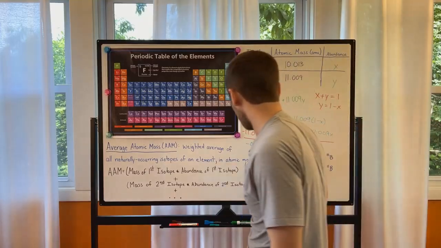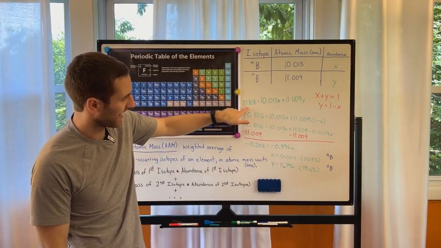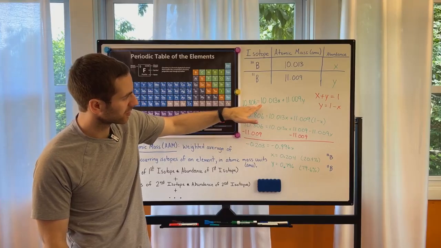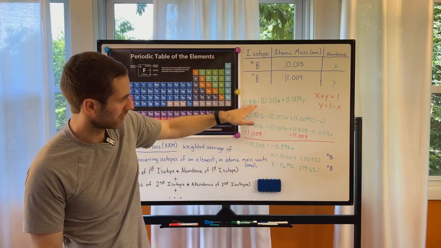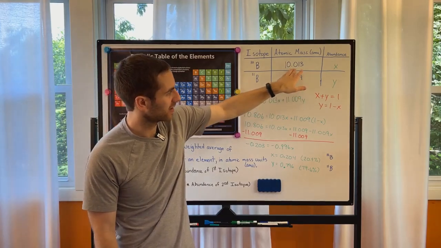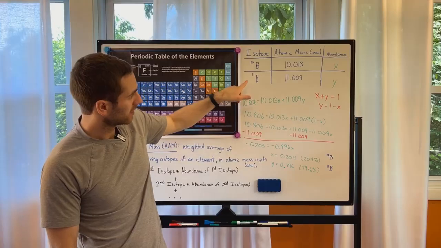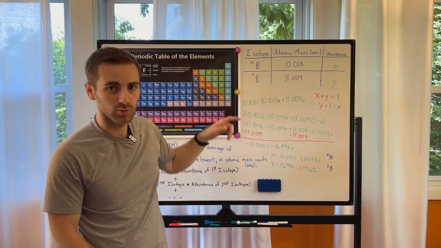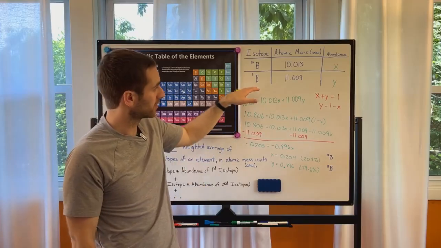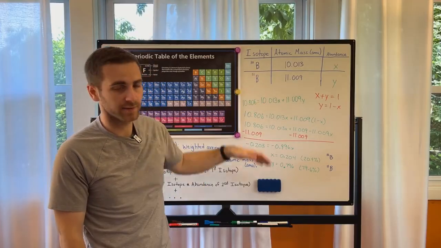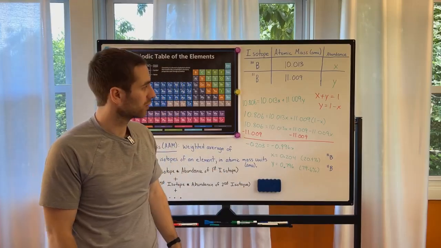It kind of makes sense because our average atomic mass was 10.806. That number is closer to 11.009 than it is to 10.013. So we would expect boron 11 to make up a greater percentage of all boron atoms than boron 10, since the average is closer to that. And that is consistent with our result.